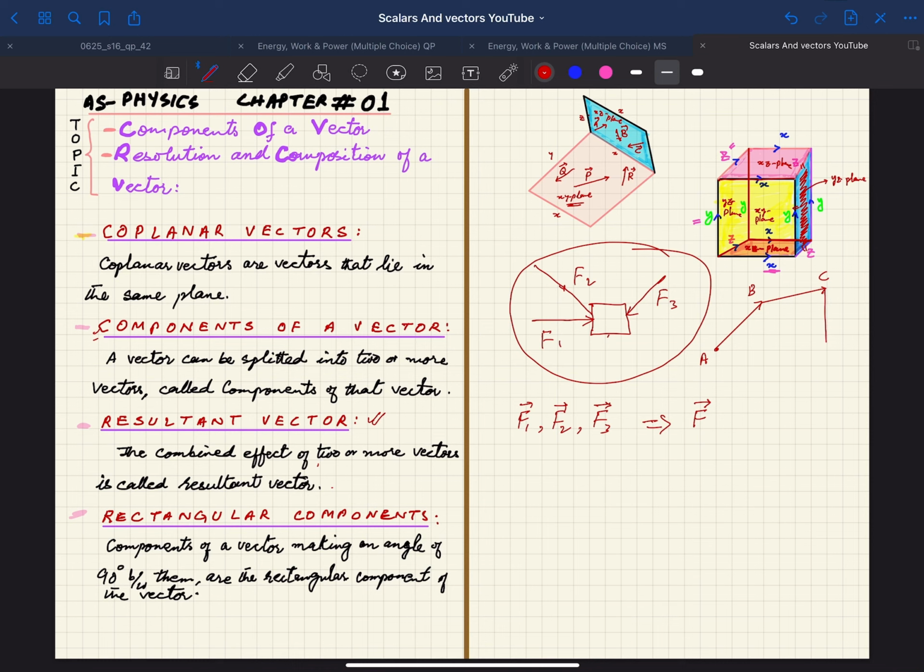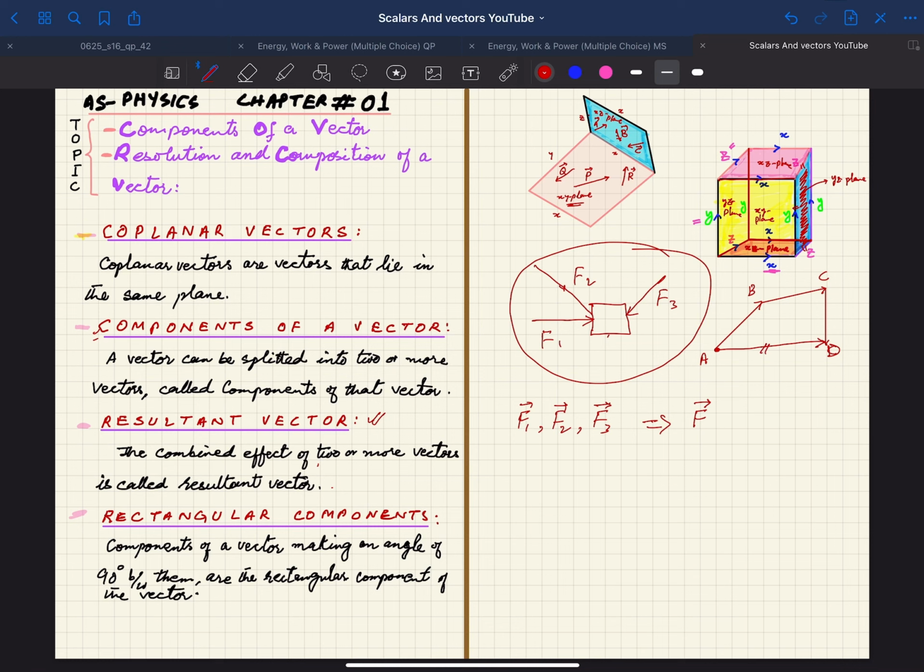Then we come somewhere here, suppose point D. Considering these vectors AB, BC and CD, all these vectors ultimately give the final effect, that is vector AD. Basically, the final displacement is nothing but this displacement, AD.